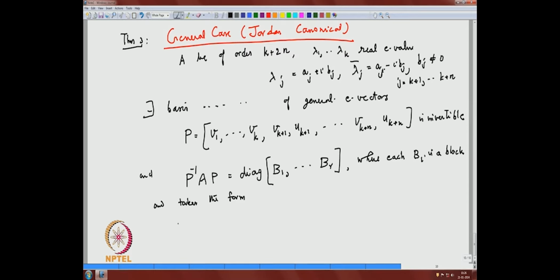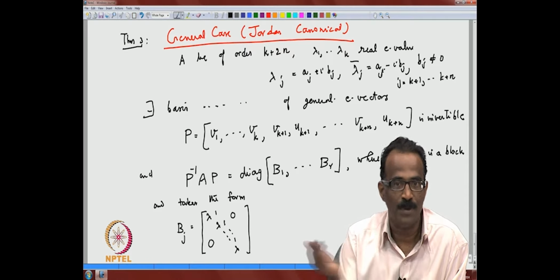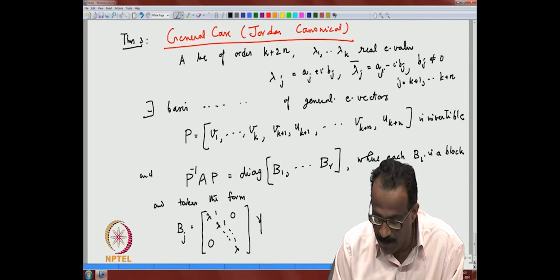Any Bj will be of the form lambda on the diagonal, the upper diagonal elements 1, and the rest of the elements 0, and the order again depends on the multiplicity. There are some estimates for that, we will not discuss here, but any typical Bj will look like this, and the order of Bj may vary depending on the lambda j's. This is for the case lambda real.